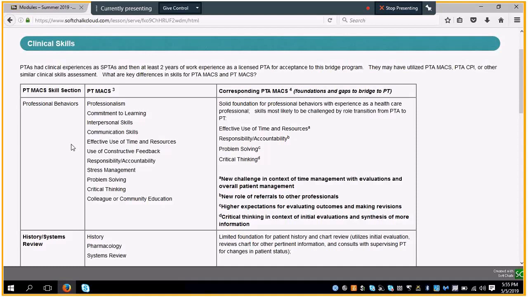And that's definitely a positive attribute going into your clinical experiences.